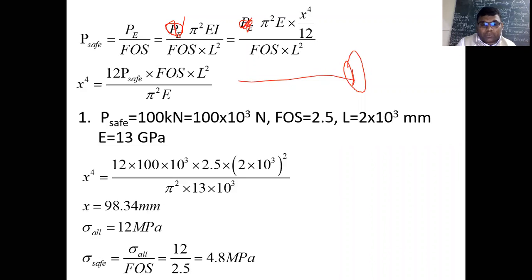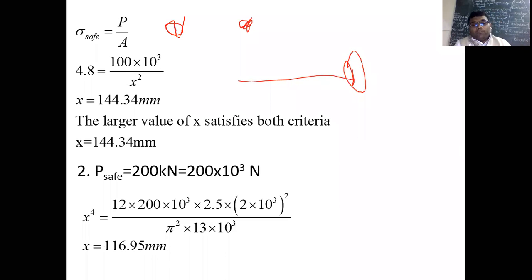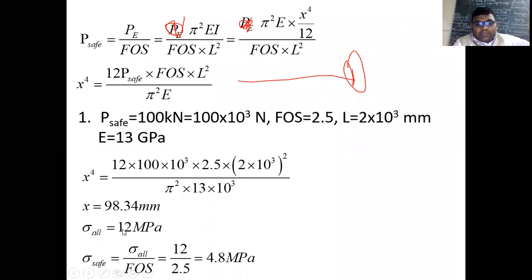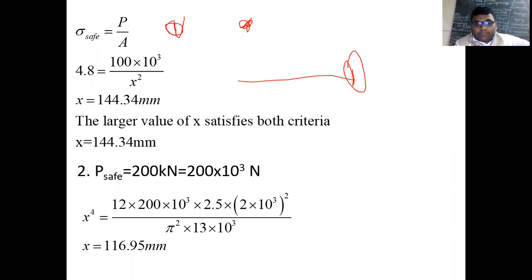One is 98.34, and one is 144.34 mm. The larger value of x satisfies both criteria. Okay, why larger? Suppose you consider this one, 98.34, if this stress develops, then that column will fail. That's why of both values, we have to take the larger one.